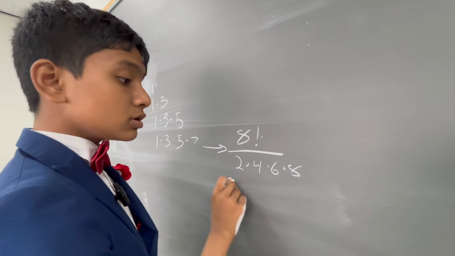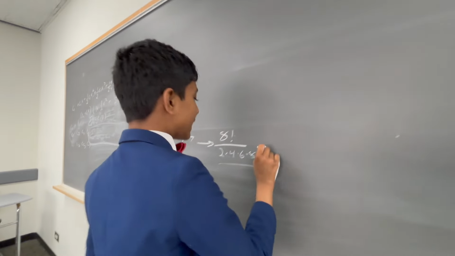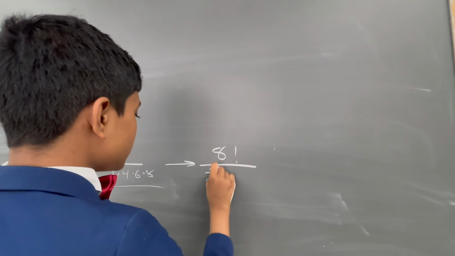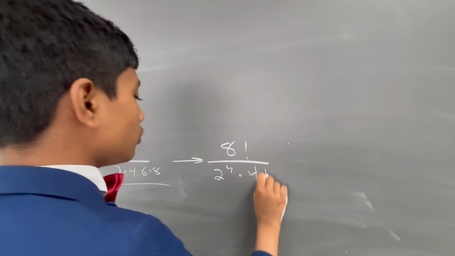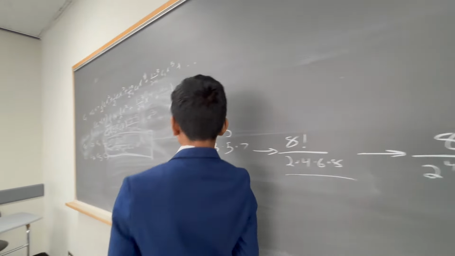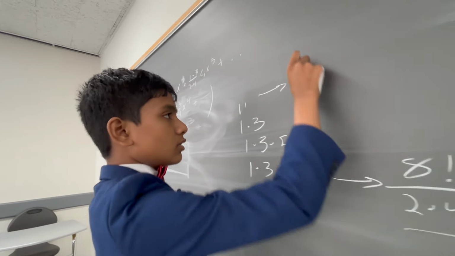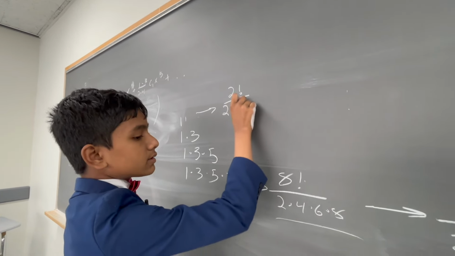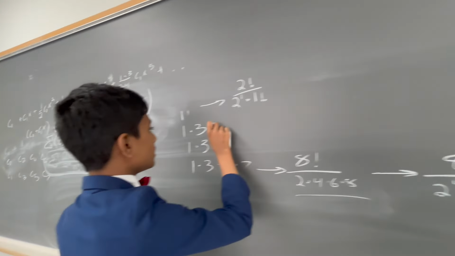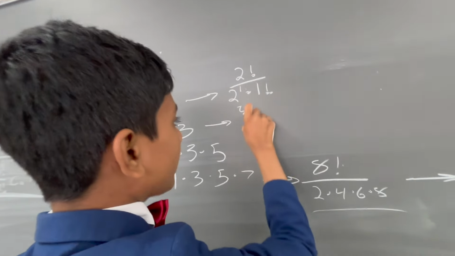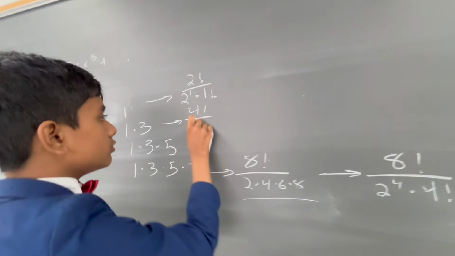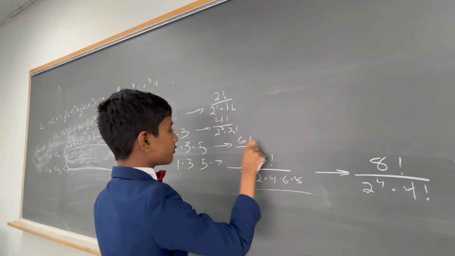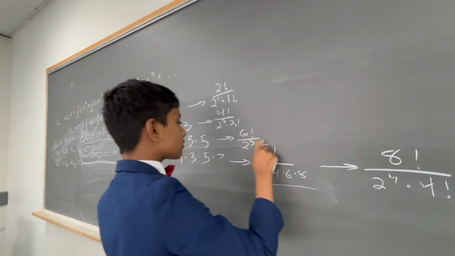But wait, this looks like just a factorial, but every term is multiplied by 2. This is just 2 to the 4 times 4 factorial, right? So this is 2 factorial over 2 to the 1 times 1 factorial. This is 4 factorial over 2 to the 2 times 2 factorial. This is 6 factorial over 2 to the 3 times 3 factorial.